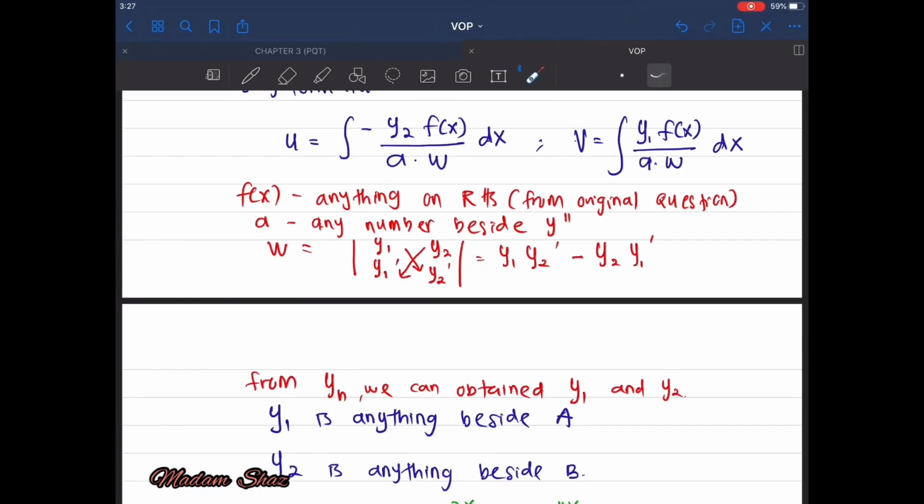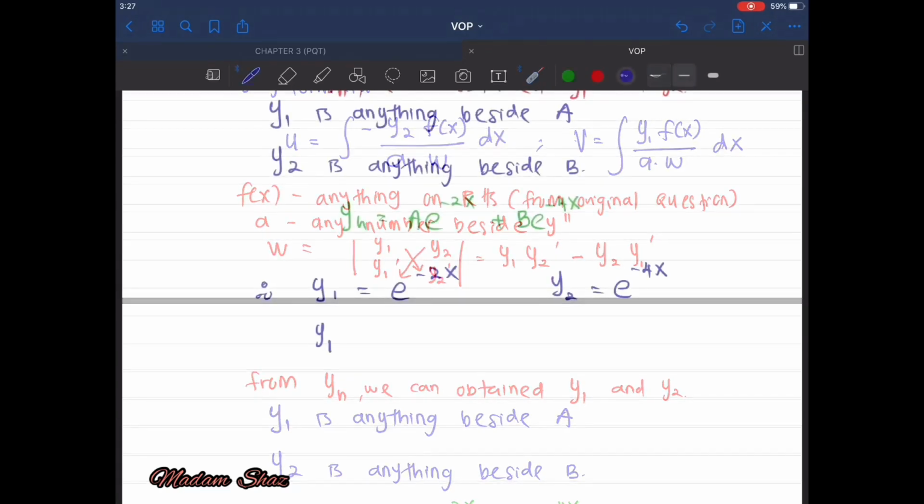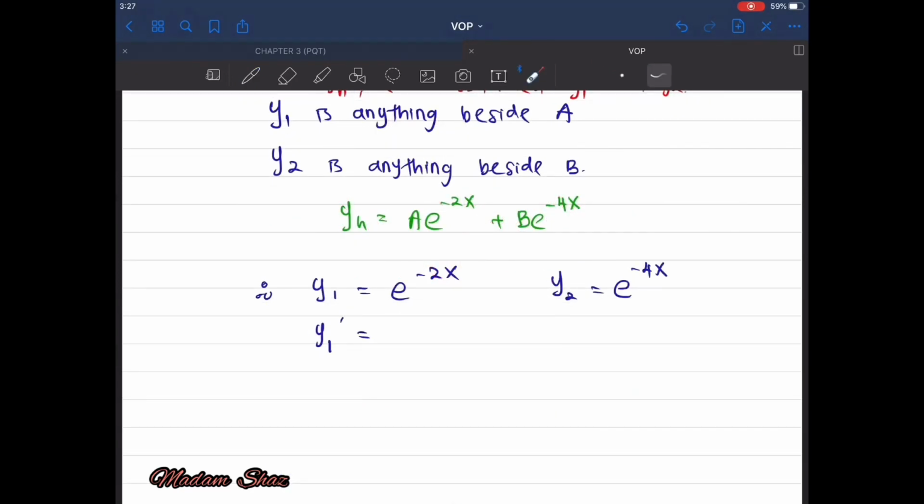So Y1 prime, differentiating exponent negative 2x, becomes negative 2 exponent negative 2x. Y2 prime, differentiating exponent negative 4x, becomes negative 4 exponent negative 4x.